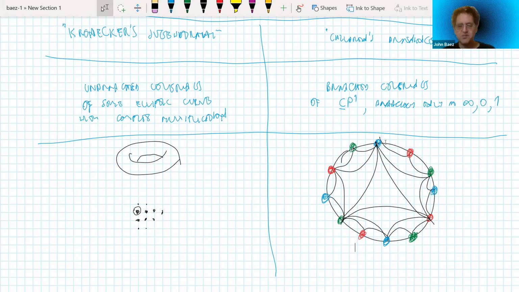I would just say another thing while you're thinking. From some other point of view, the right-hand column is about genus 0 stuff, and the left-hand column is about genus 1 stuff, because you're doing branch covers of genus 0 stuff, unbranched covers of genus 1 stuff.